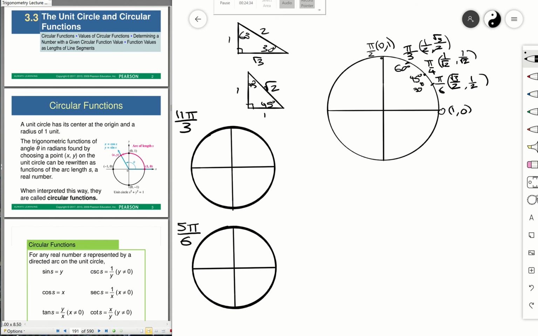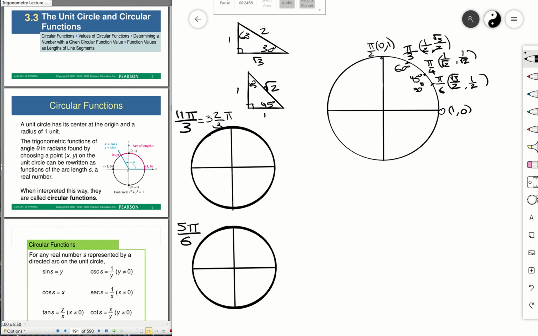Notice that 11 pi over 3 you can think of as 3 and 2/3 pi. So you can either plug in 180 degrees for pi, calculate it out, and see what degree measure that corresponds to, or you can just directly work with radians, which is what I recommend.